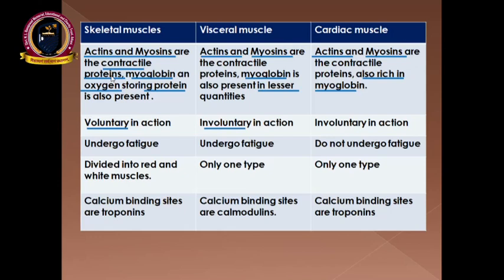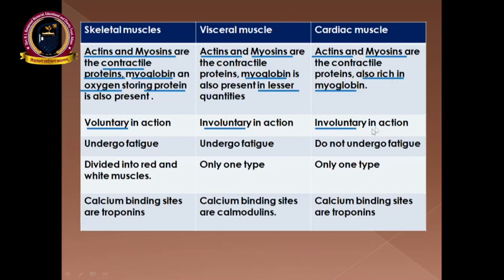Whereas the visceral muscles as well as the cardiac muscles are involuntary. Their activities are not directly controlled by the central nervous system. They are controlled by either the local autonomic nervous system, that is sympathetic and parasympathetic neurons, as in case of the visceral muscles. Remember, visceral muscles are also called smooth muscles because of their smooth appearance.